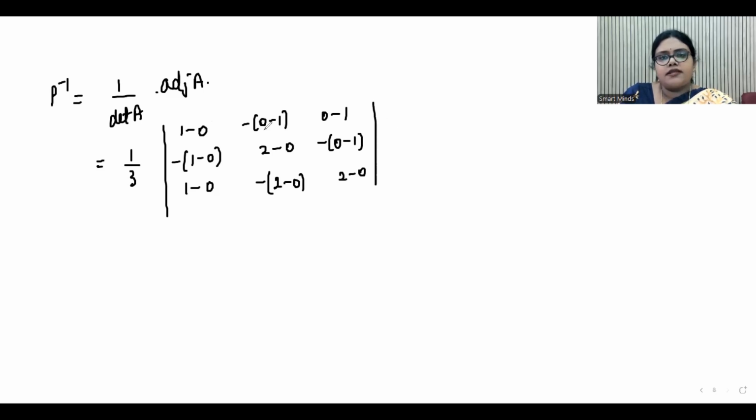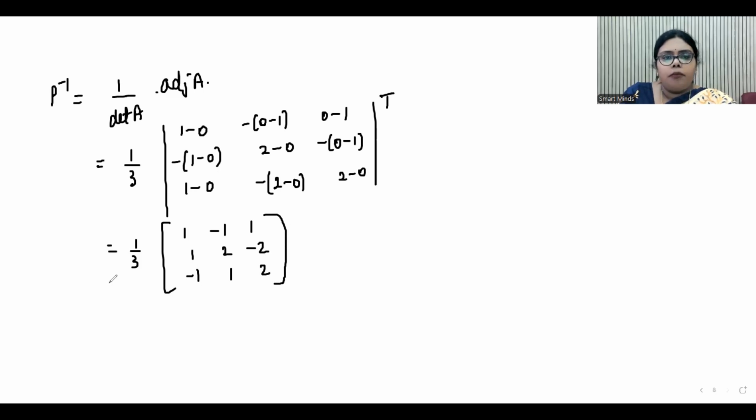In our previous classes, I have shown you how to find out adjoint A. Now you have to take the transpose of this matrix. So that is 1 by 3 into 1 minus 1, 1, 1, 2 minus 2, minus 1, 1, 2. This is the P inverse matrix.